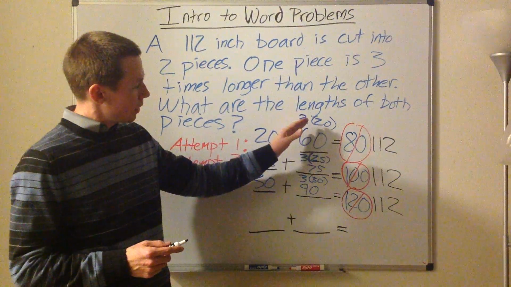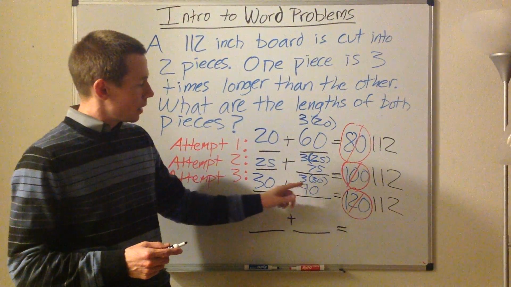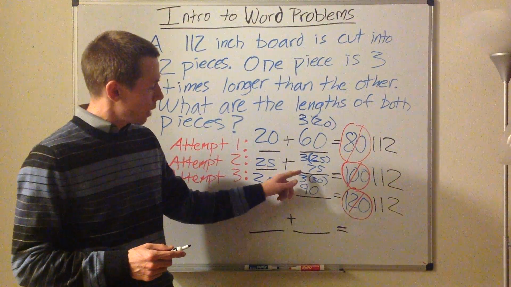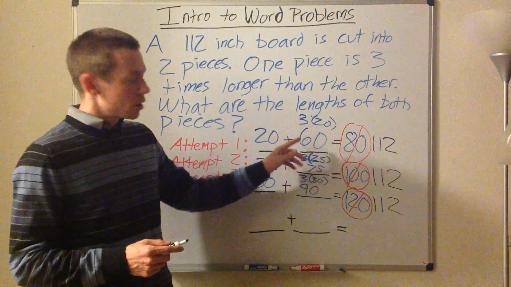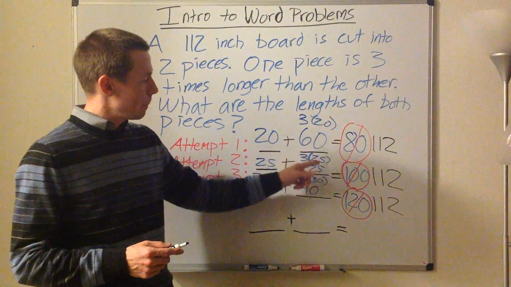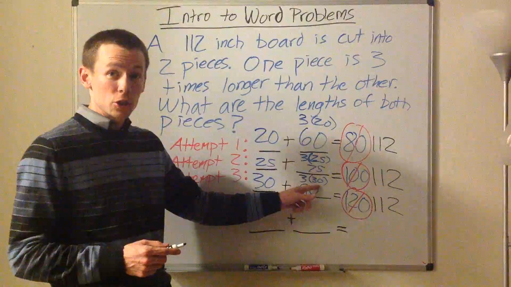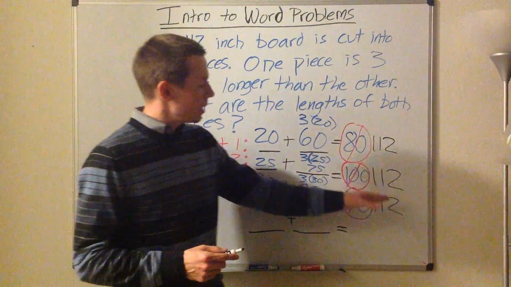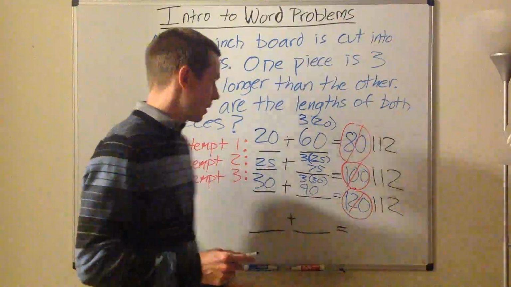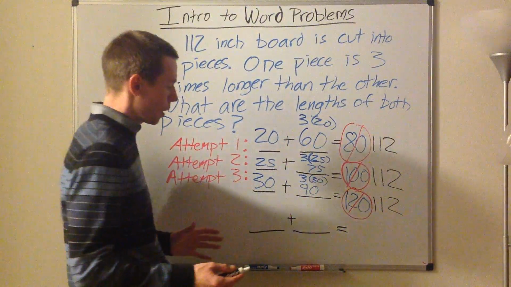And then in the second line, each time we're taking our initial guess and multiplying it by 3. So every time we multiply it by 3, that's not changing, but the value we put in to multiply by 3 is changing. And then at the end, we want it to equal 112. Okay? Each time we wanted to get 112.